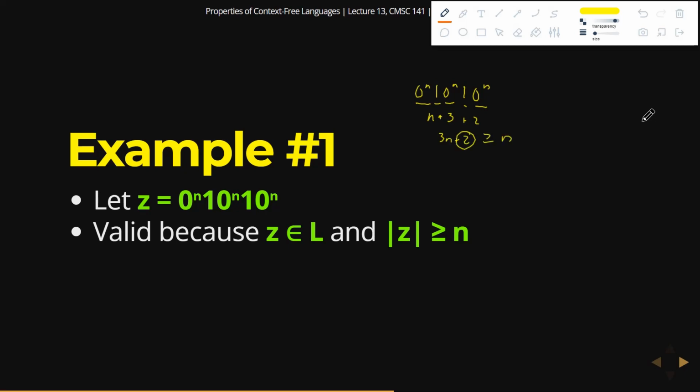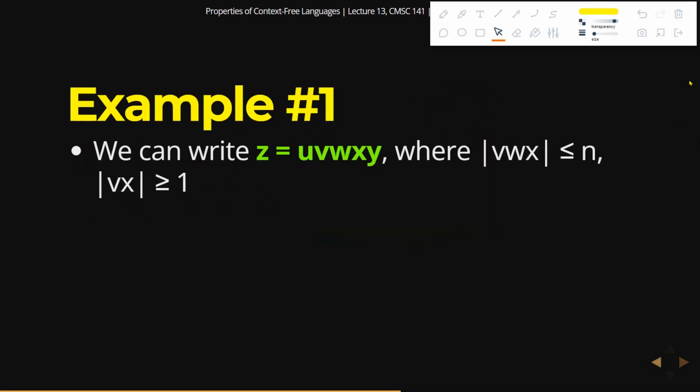Make sure of that plus 2. Okay, so this is a valid string to use. And then because it follows the pumping lemma, we can write z as uvwxy such that it follows the two conditions: the length of vwx should be less than or equal to n, and the length of vx should be greater than or equal to 1.